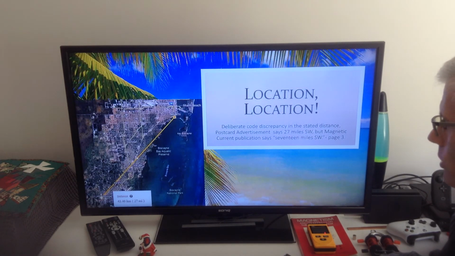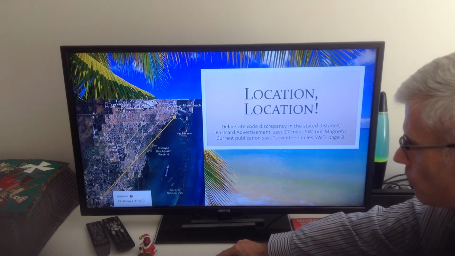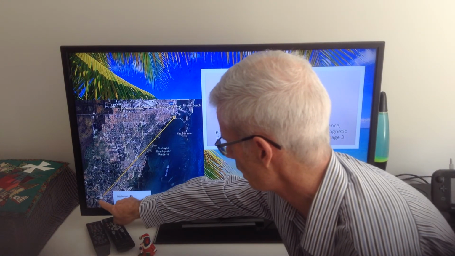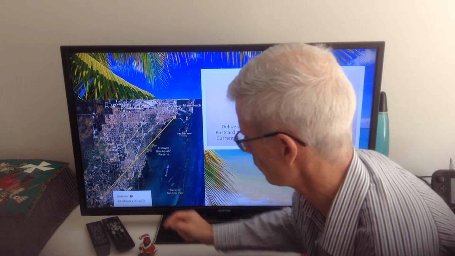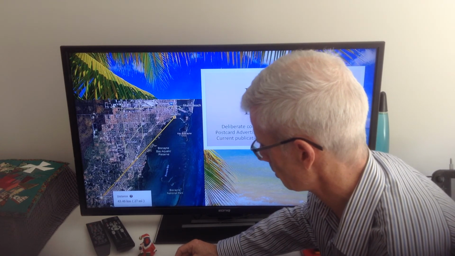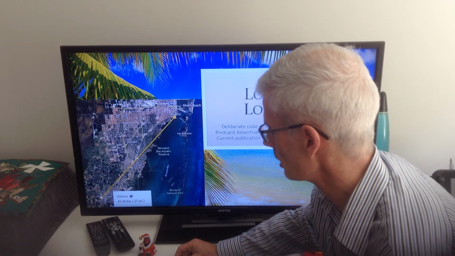Location, that's a good old real estate phrase. That's a Google Earth image here, and I've measured it from Miami to Homestead, Florida City. That's the current location of Coral Castle, or what was Rock Gate Park beforehand.